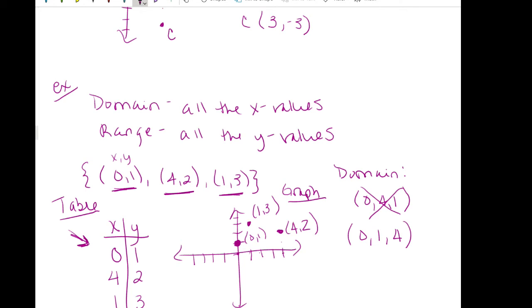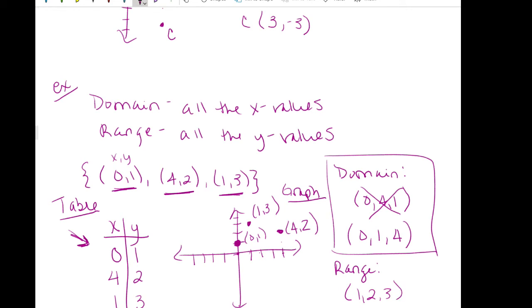That will make sure that it is correct. So the domain of this relation is 0, 1, 4. The range then are the y values. And these happen to be in ascending order, which is really nice.